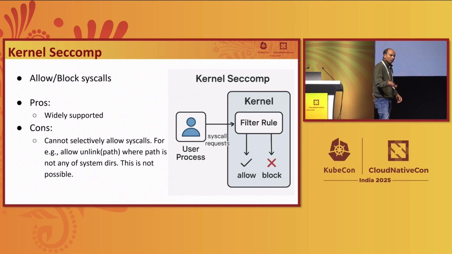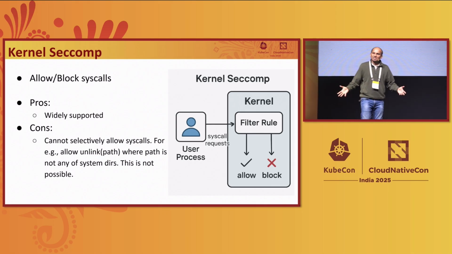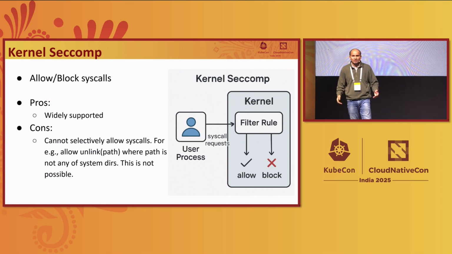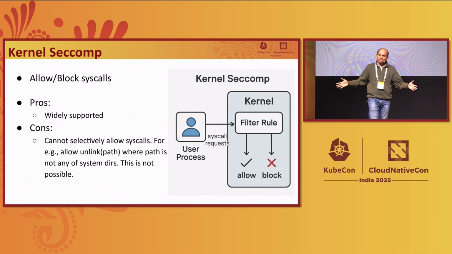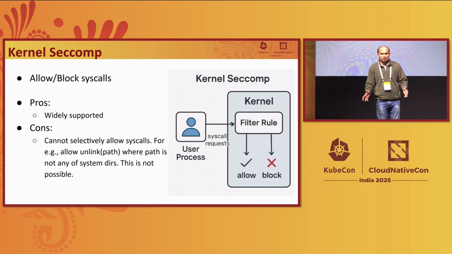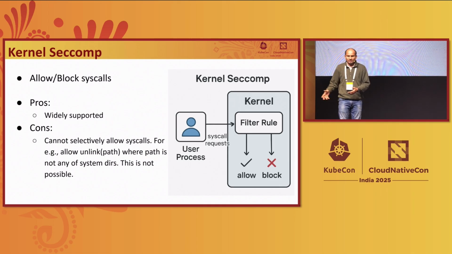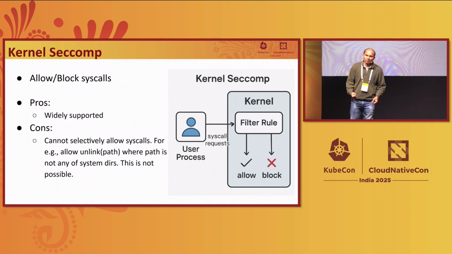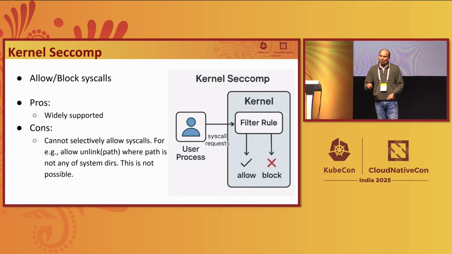Kernel seccomp: what it does is it allows or blocks system calls. The biggest advantage of seccomp is that it's widely supported on all Linux kernels. Of course, I'm going to talk only about Linux because Windows-based containers are not used, at least as of now, in agentic AI systems. The primary problem with seccomp is that it's not really granular.